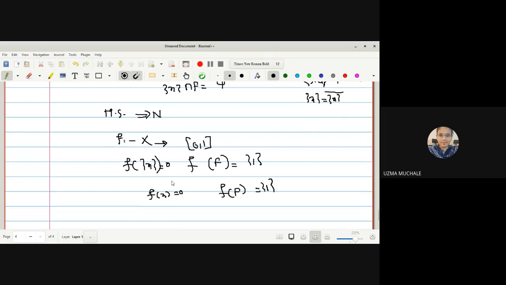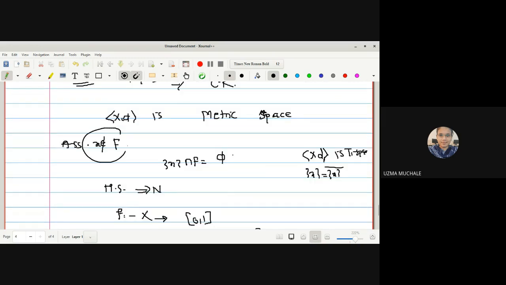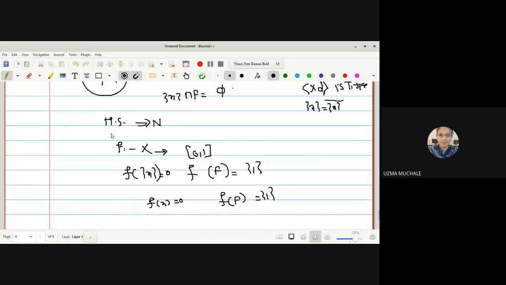So we started with the assumption that F is a closed set which does not contain the point x, and we found a continuous mapping f which maps the point to 0 and the closed set to singleton 1.